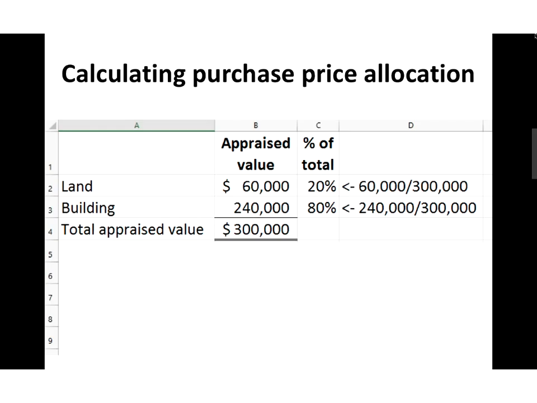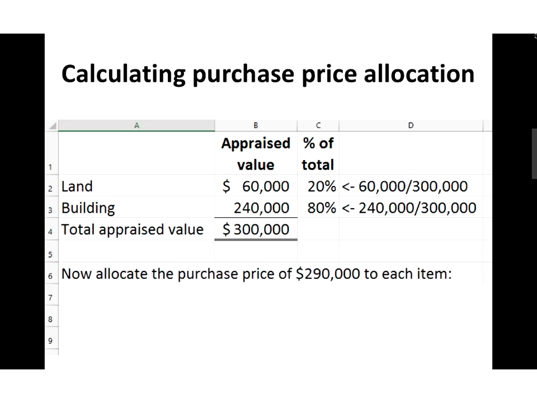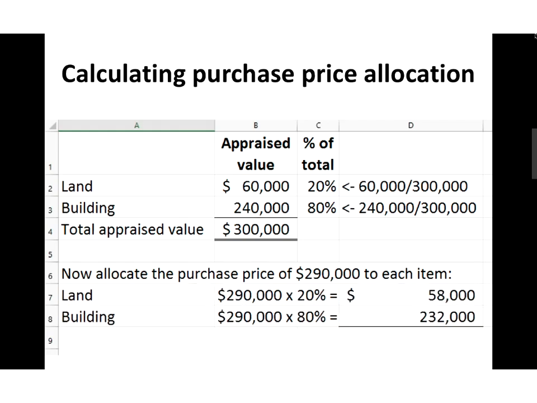So I'm just figuring out what percentage, what relative sales value, is each one. We got 20% for the land, 80% for the building. So I'm going to allocate the $290,000 purchase price to the land and the building based on those percentages. I'll take 20% of the purchase price to land, 80% to the building, and I get back to my original purchase price of $290,000.